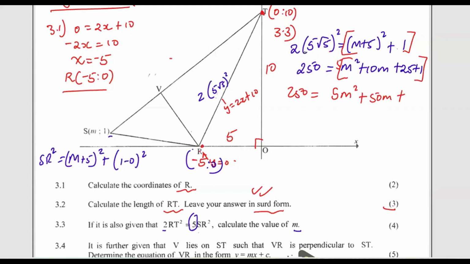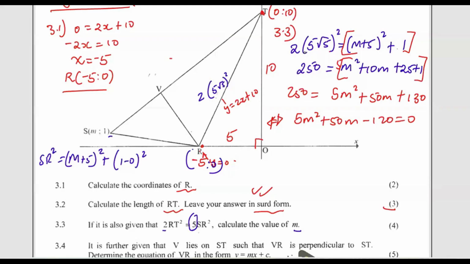What do we get? 26 times 5 gives me a 130. Then let me get the standard equation. So 5m squared plus 50m. So 130 minus 250 gives me a 120.